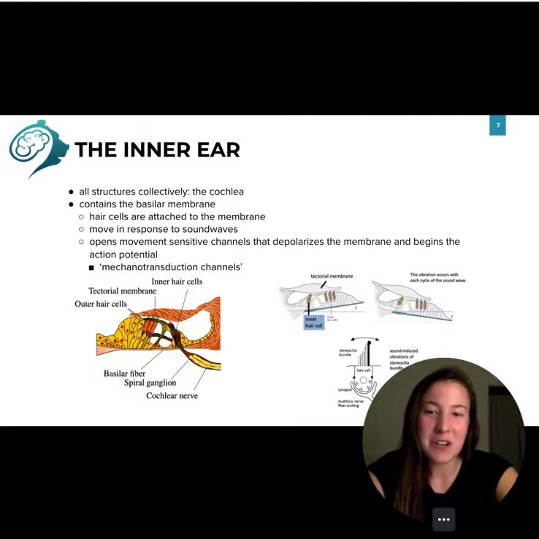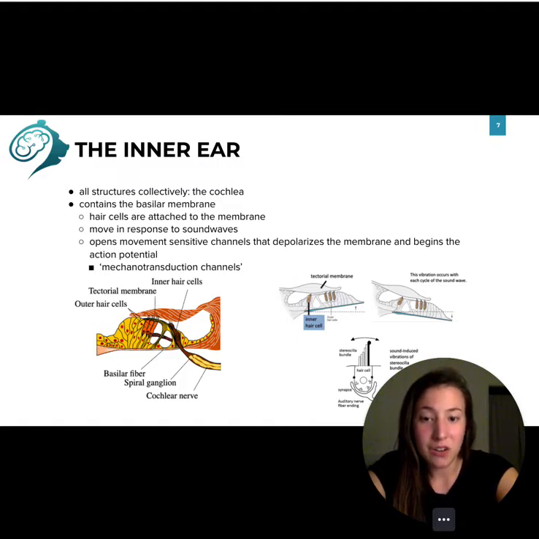So the inner ear collectively can be referred to as the cochlea. There are many substructures within the cochlea that are important to hearing, but the most important for us is the basilar membrane. The basilar membrane is home to thousands of hair cells that move in response to mechanical stimulations from the middle ear. The hair cells vary in length and are connected to one another in complex ways.